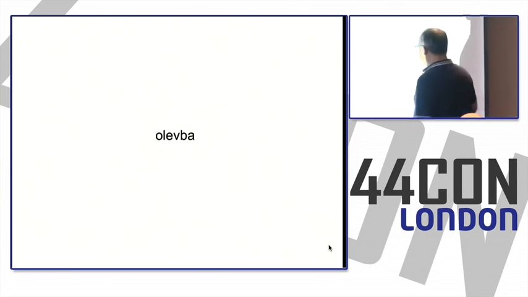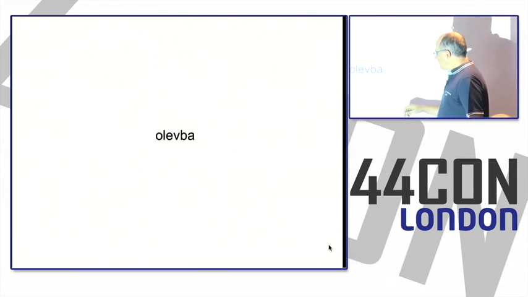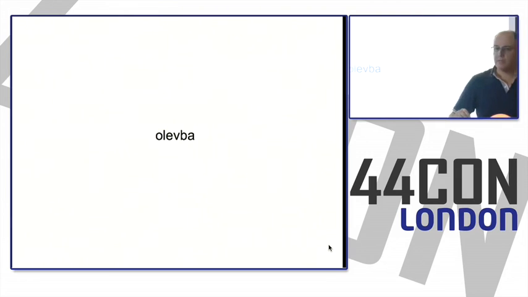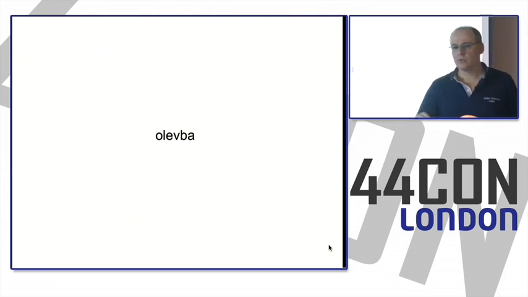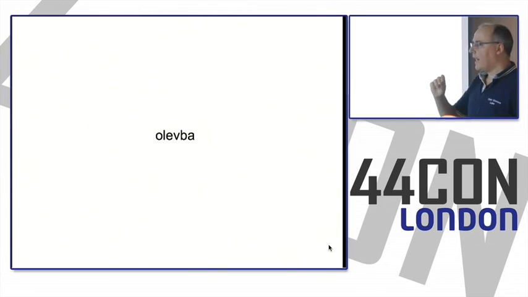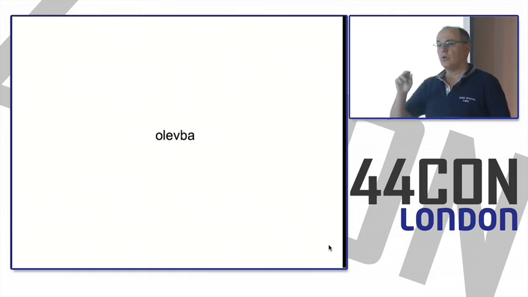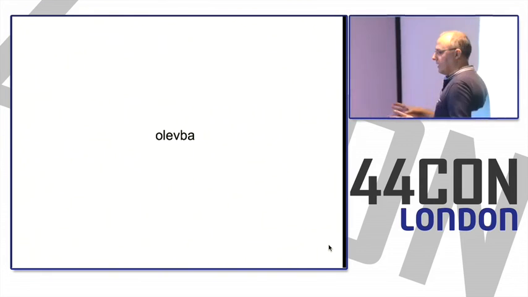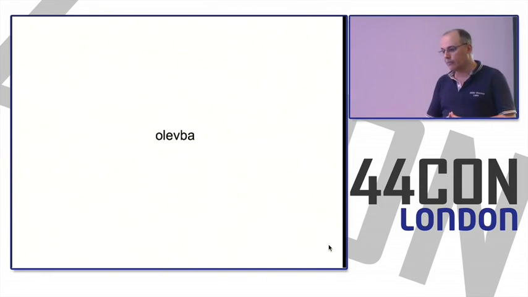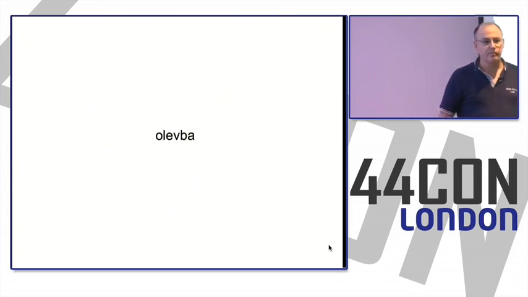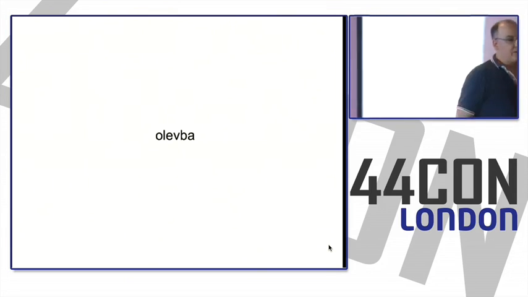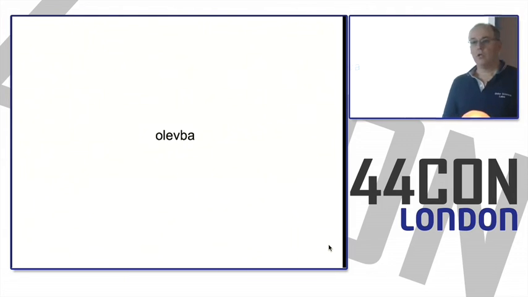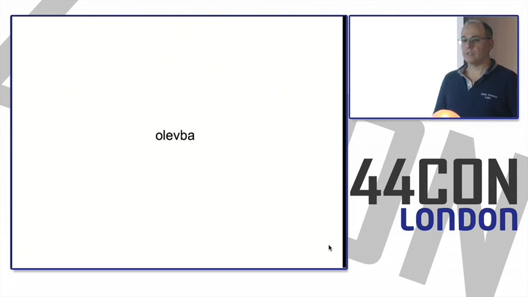And around that time, there's a French guy, Philippe Lagadec, who started to develop a Python module to read OLE files. OLE files or compound binary files. It's a kind of file format, a very old file format, invented by Microsoft, and that is used for all kinds of documents.